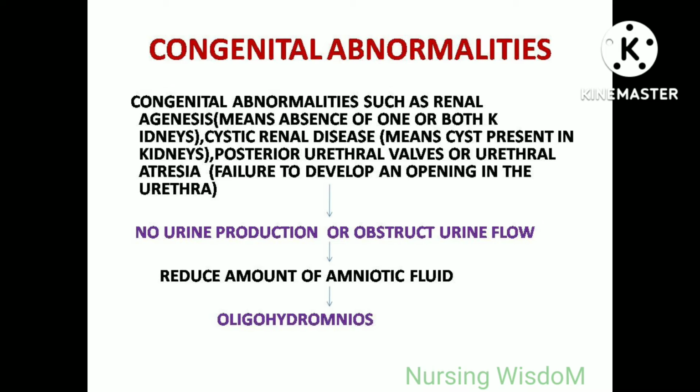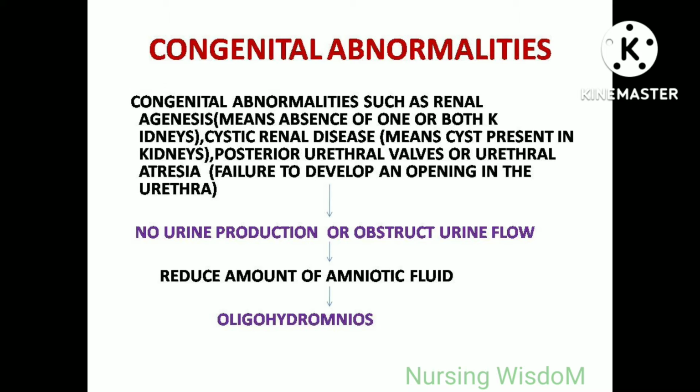Fetal factors. First one is congenital anomalies. Congenital anomalies such as renal agenesis, that means absence of one or both kidneys production. Cystic renal disease means cysts present in kidneys, and posterior urethral valves and urethral atresia.